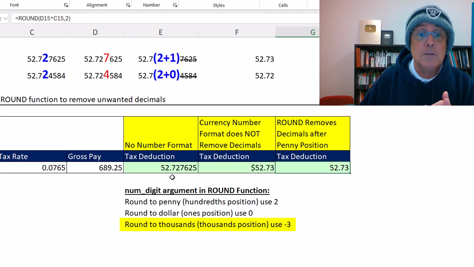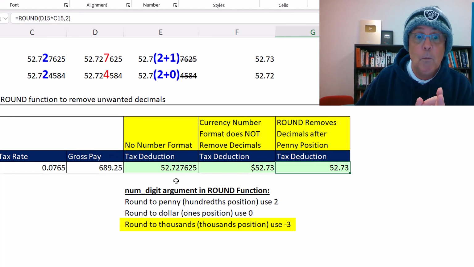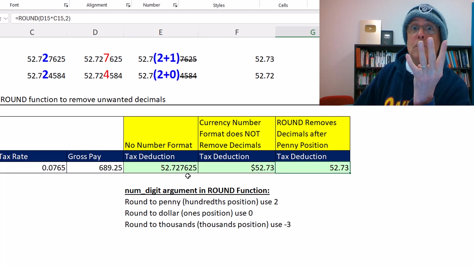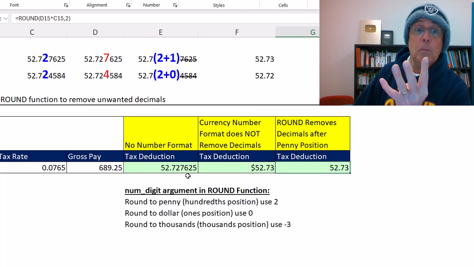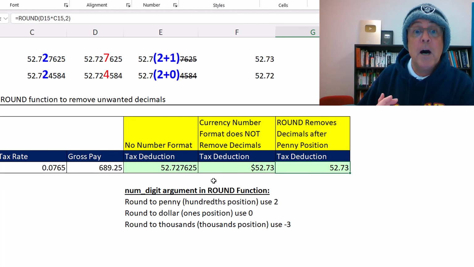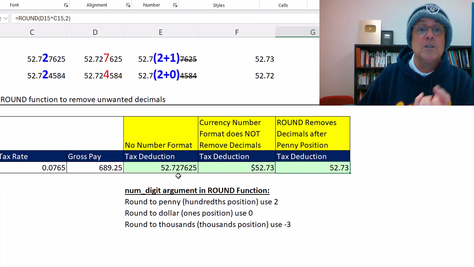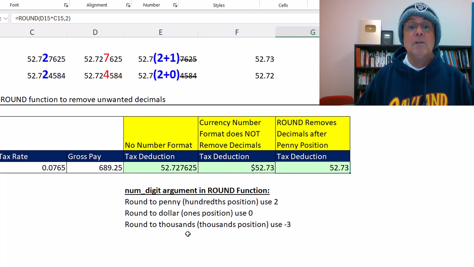Well, here's the decimal. Since positive is this way, 1, 2, 3, 4. In our first video, we rounded a decimal to 4 positions and then applied percentage number formatting. Well, if it's positive this direction, it's negative this direction. 2, 1, 0 is what you use to the dollar. -1, -2, -3 would be rounding to the thousands.